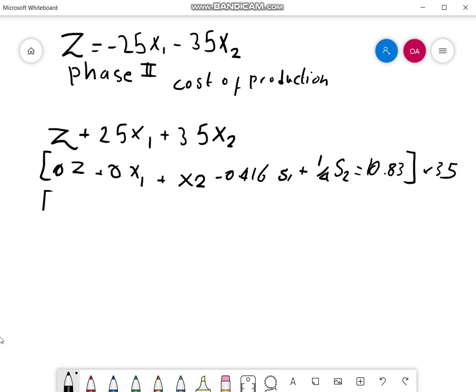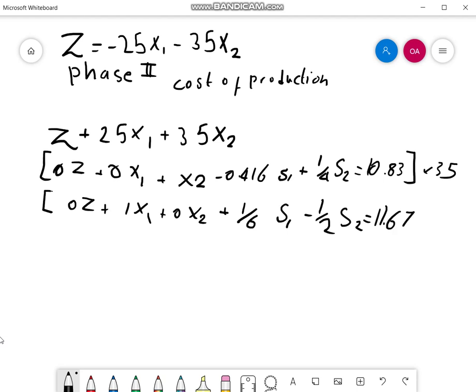And I also have the other equation, 0z plus 1x1 plus 0x2 plus 1 over 6 s1 minus half of s2 equals 11.67, multiplied by 25.